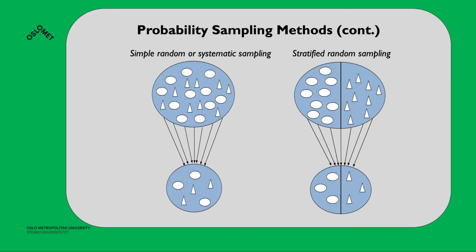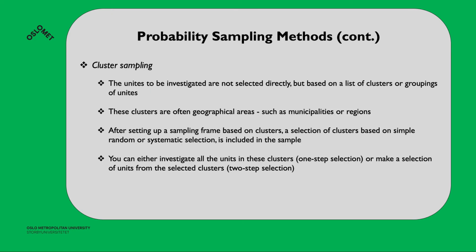And this can be illustrated like this. With simple random or systematic sampling, you have the whole population and you draw a simple random or systematic sample from that population, or you divide the population according to different strata, and then you select within each stratum for your sample.